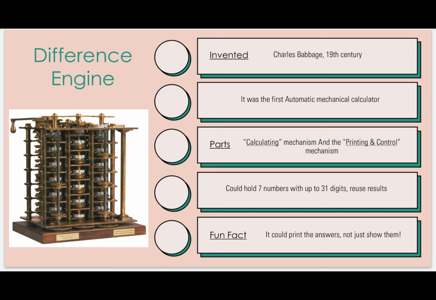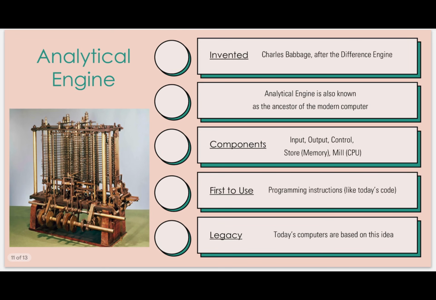What was the drawback as well as the good? The drawback was it could hold up to only 7 numbers, up to 31 digits. And the advantage was reuse of results. We could reuse the results. And the fun fact was it could print the answer, not just show them. Means it could print the answers.